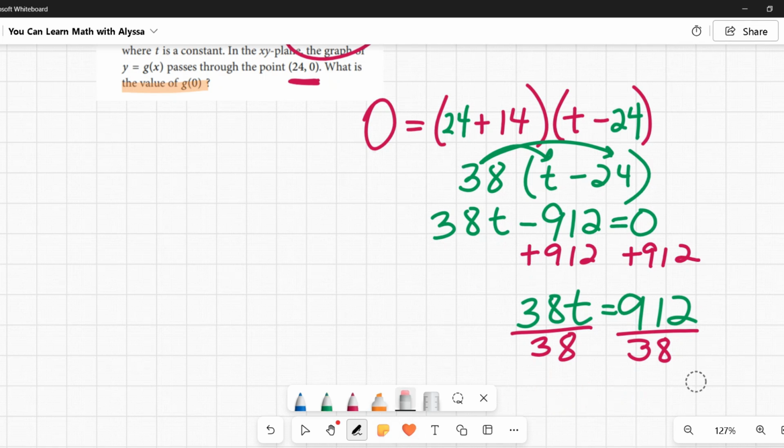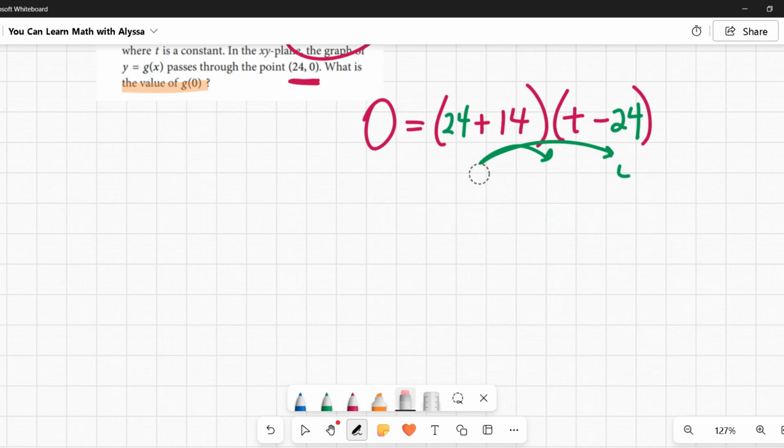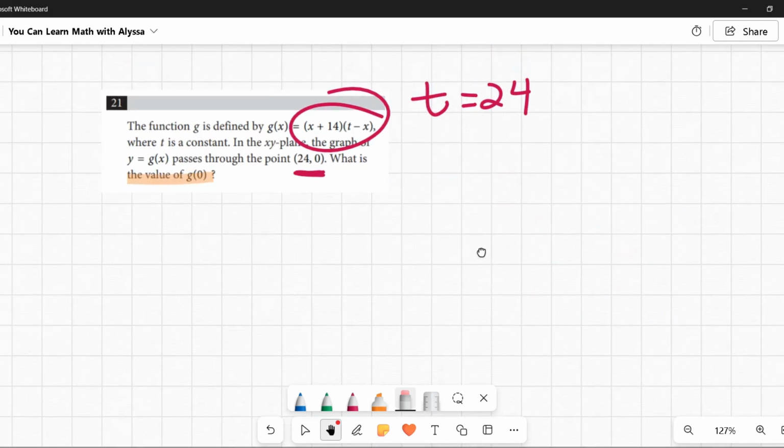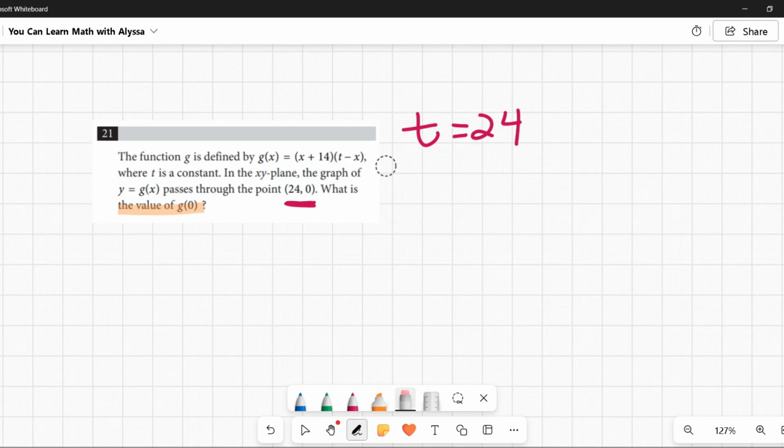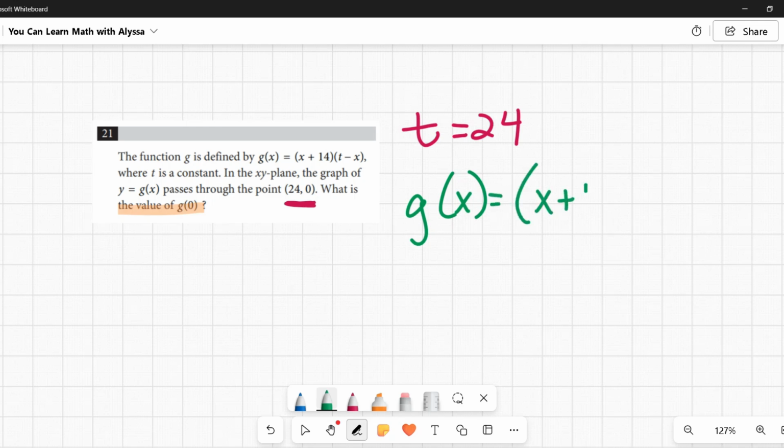Okay, so now we know t is 24. Go back up. So now I know that my full proper equation is x plus 14 times 24 minus x.